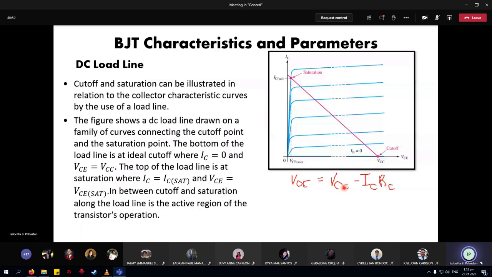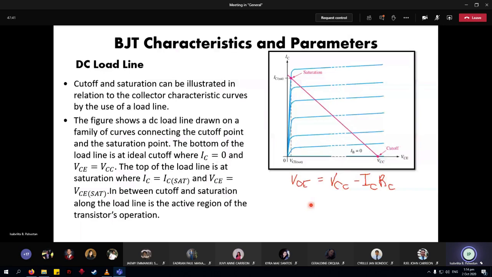So this one is your ideal cutoff. The top of the load line is at saturation, where IC is equal to IC sat, and your VCE here is equal to VCE sat. You will notice there is a small value here, which you call the VCE saturation.